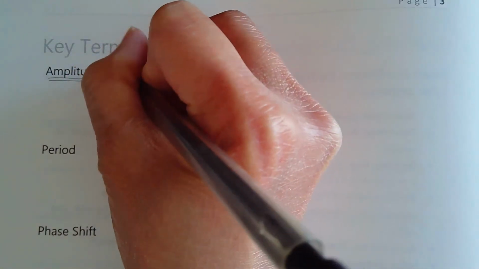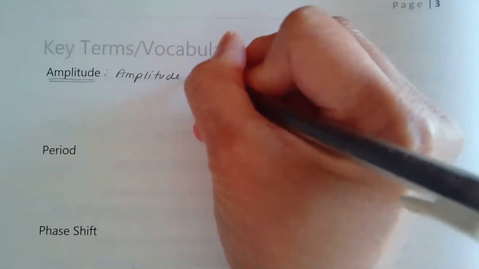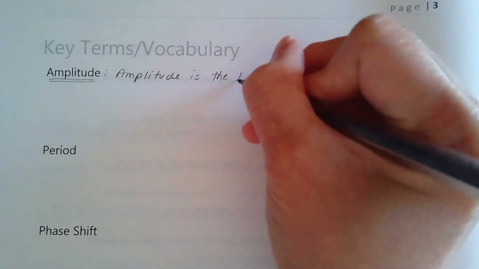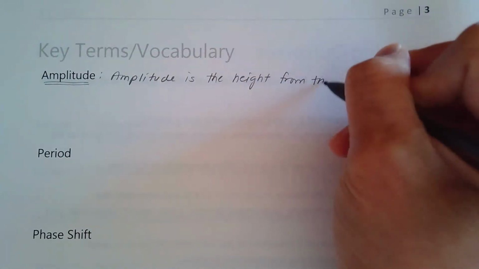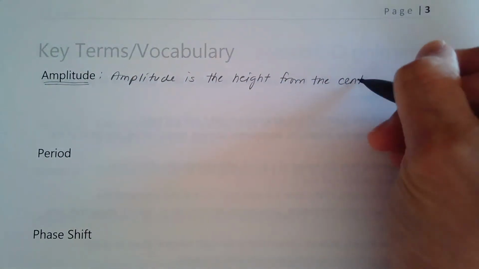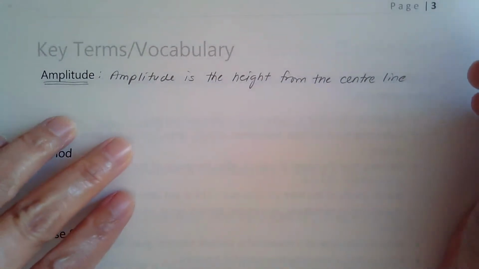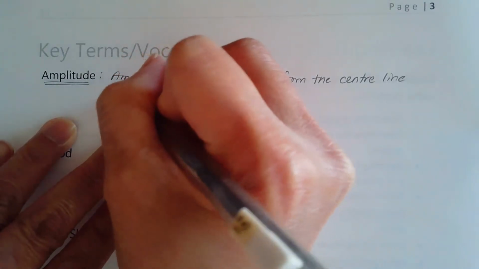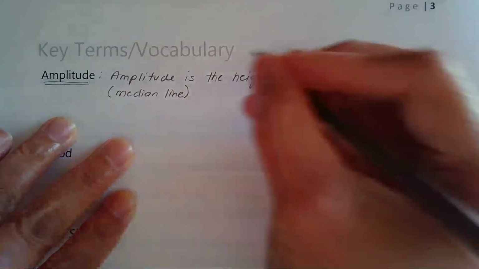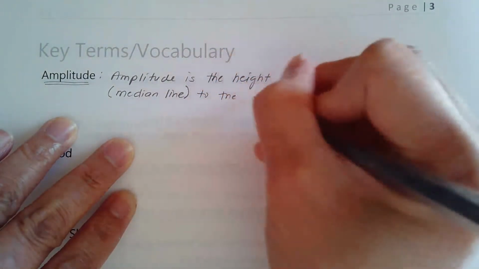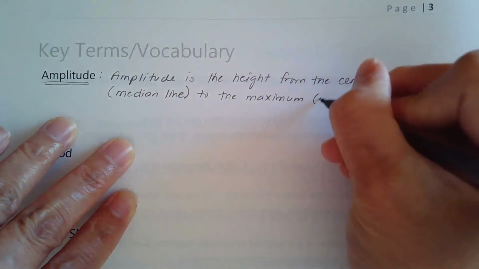Amplitude is the height from the center line, also called the median line, to the maximum or to the minimum.